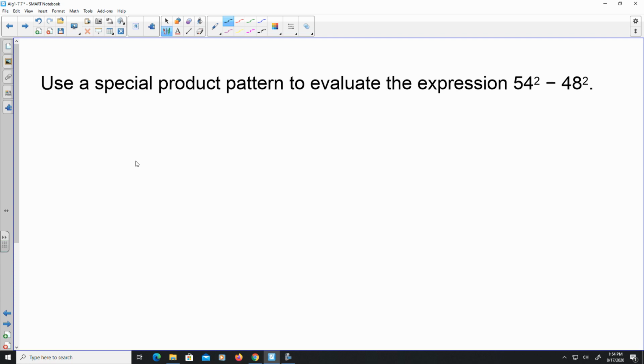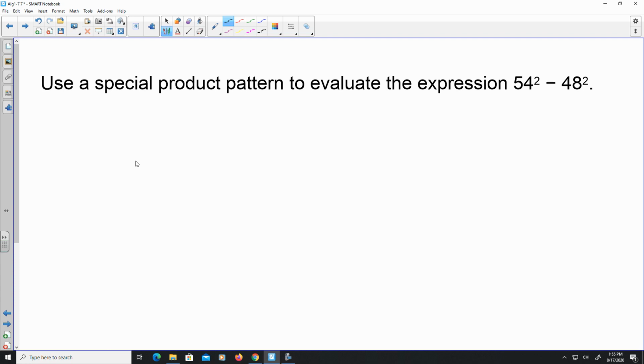So here, it wants you to use a special product pattern to evaluate the expression 54 squared minus 48 squared. Now, what you're going to have to do is essentially rewrite this as a sum and difference pattern.